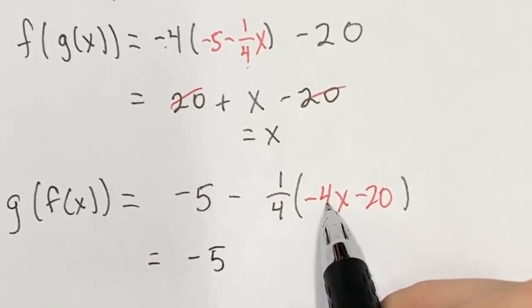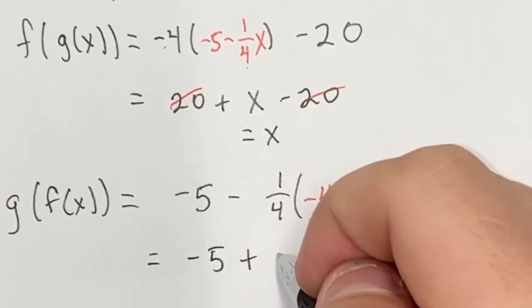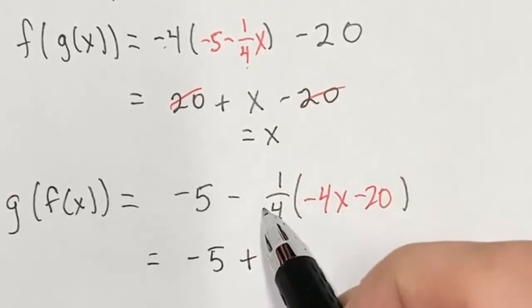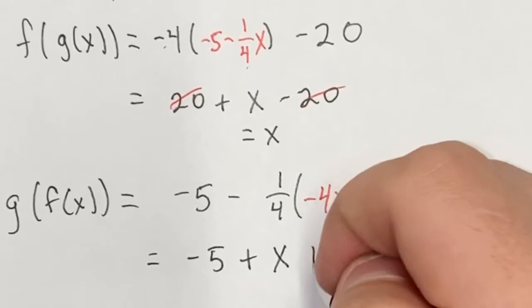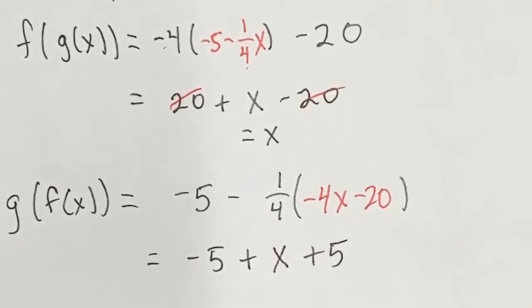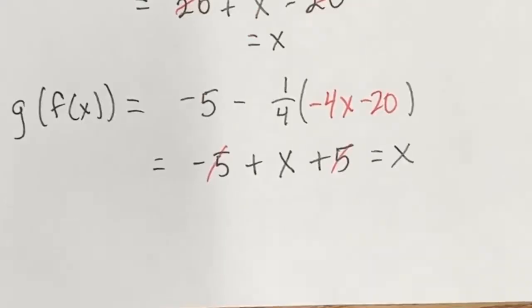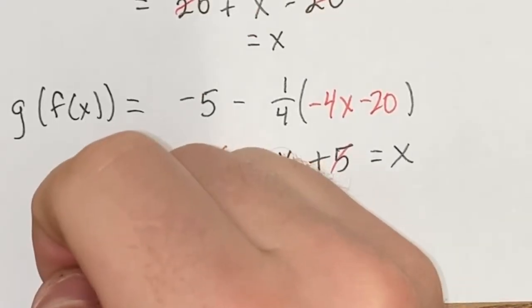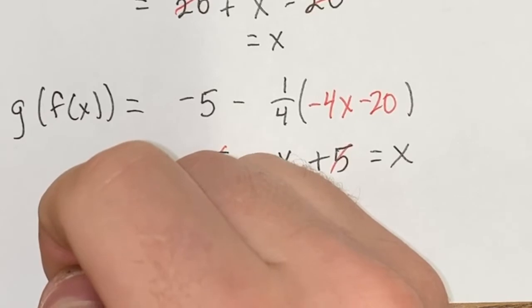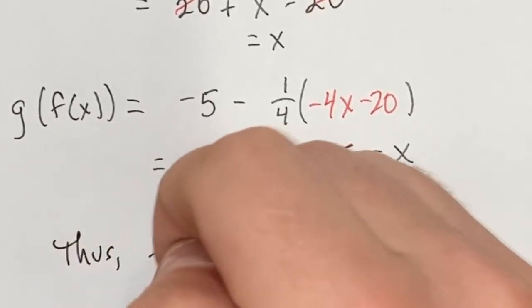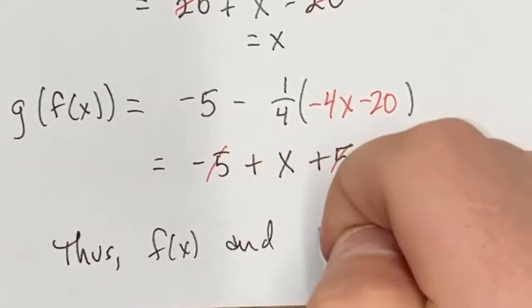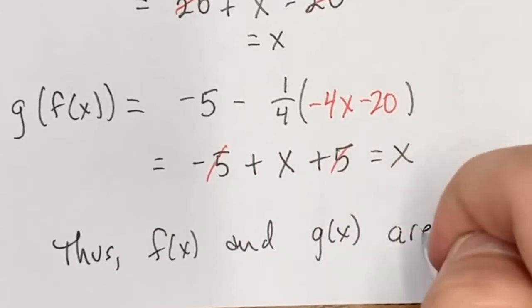Negative 1/4 times negative 4x would be a positive 1x, and negative 1/4 times negative 20 would be a positive 5. And we see here that the 5s cancel, thus we have x left over. Thus we can verify f of x and g of x are inverses.